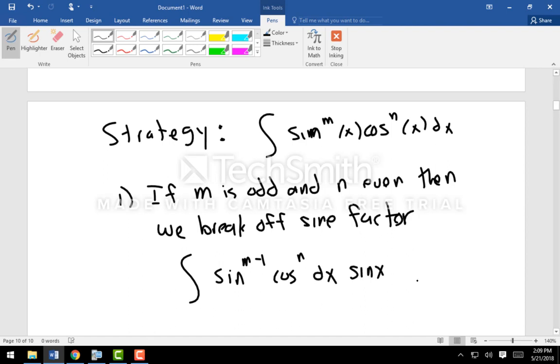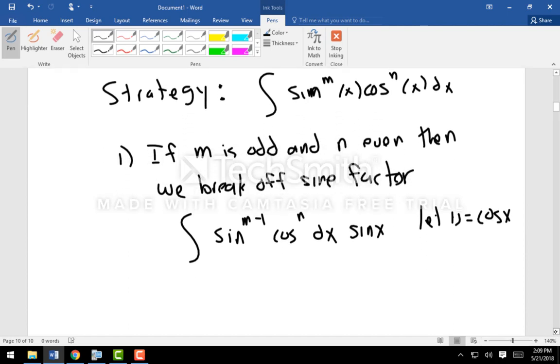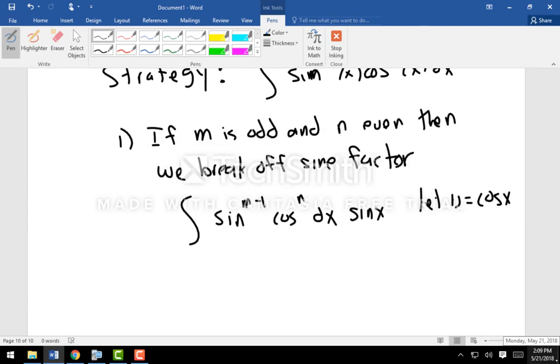So we're going to let u equal cosine of x. Now again, remember to accomplish this, we're going to use the identity. Sine squared is 1 minus cosine squared. That's the identity that we would use in that case.